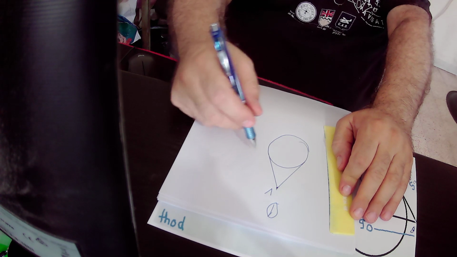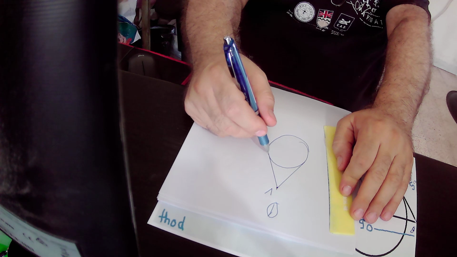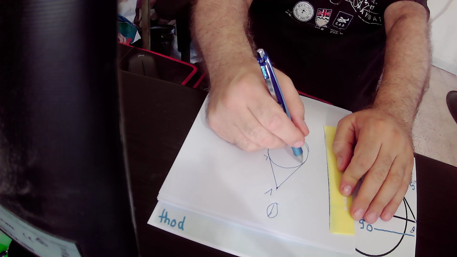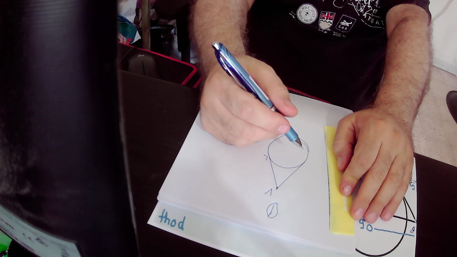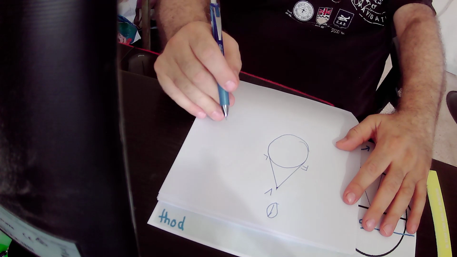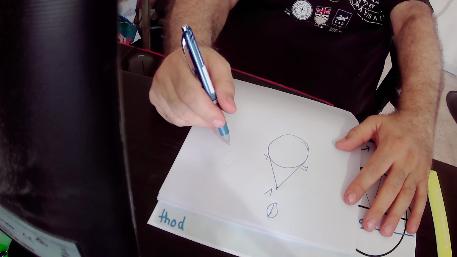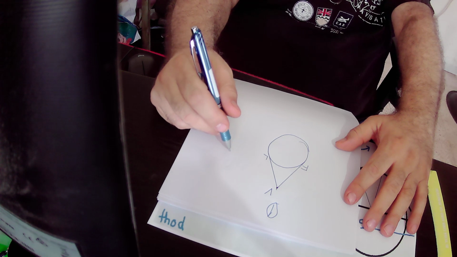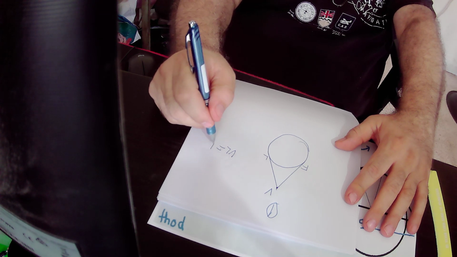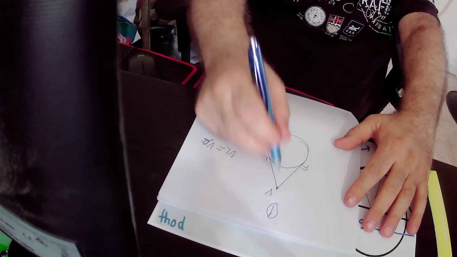Let's call the tangent point here L, and the tangent point of this line on the circle F. So the rule says that the tangents are equal to each other. That is to say, VL equals VF.